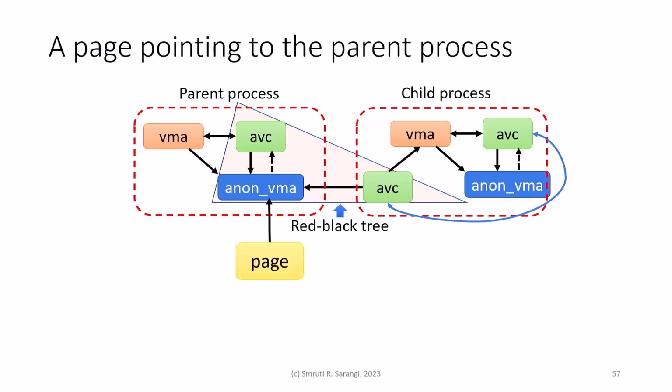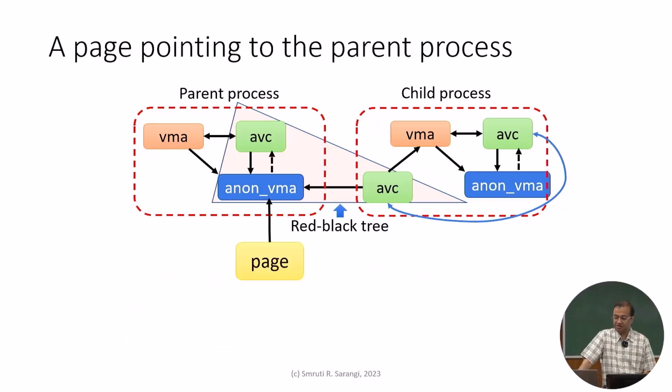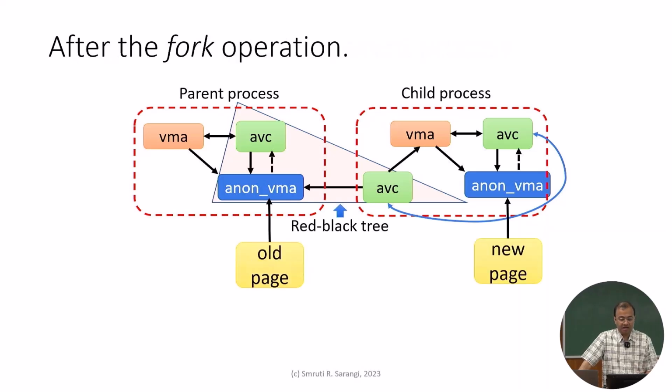Now, there is a page which is pointing to the parent process, which means that at the time of forking, this was given to the child, but of course, a separate copy was not created. The same copy is being used by both using this mechanism. Now, assume that there is a copy on write. If there is a copy on write, then a new page will be created for the same virtual address, and this new page will point to the Anon VMA of the child.